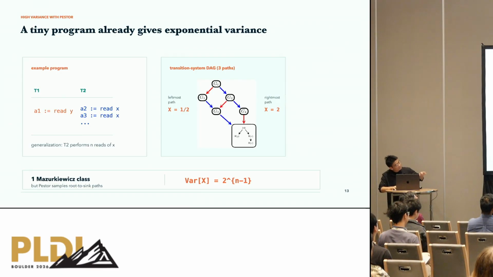Okay, due to the time limit, I'm not going to discuss the example in detail, but what we think is the following. For this example, which only has one Mazurkiewicz class, namely one sink, it already has exponential variance. If we can organize the Mazurkiewicz traces into a tree structure, then we will have zero variance because a tree with one leaf is just a path.